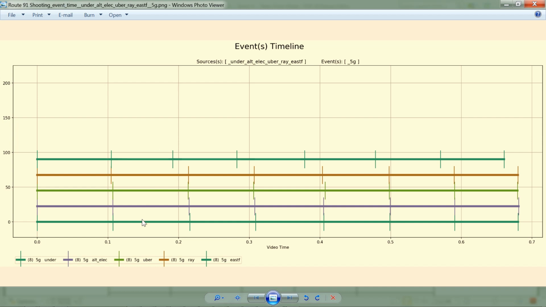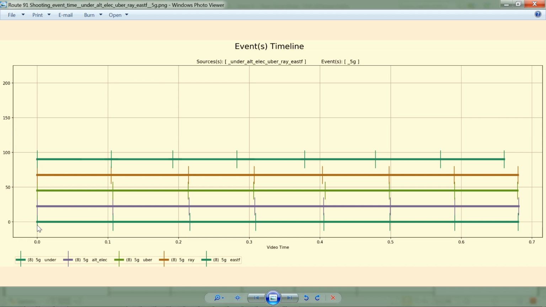In this graph, I've got an absolute time where each event occurred. And then what we do is compare them from video to video, assuming that they all start at the same time. Now they don't.